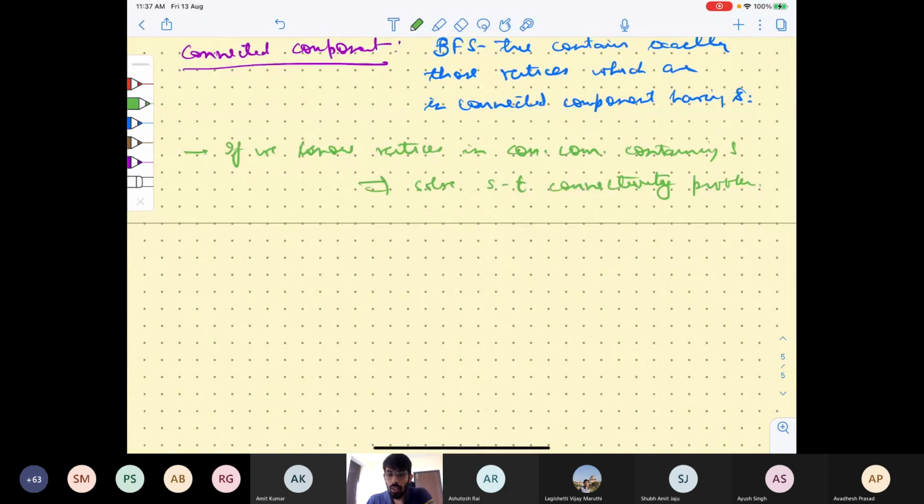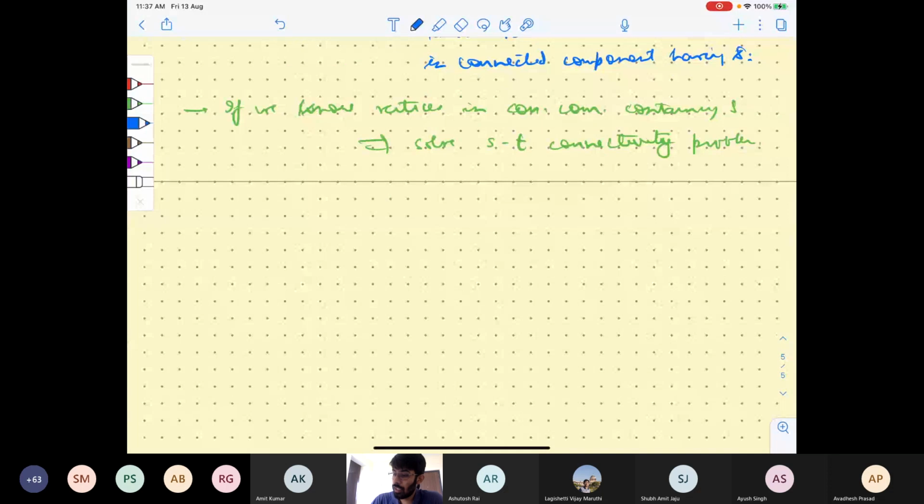Okay, good. So what is a generic way of getting a connected component? So what is the generic algorithm?